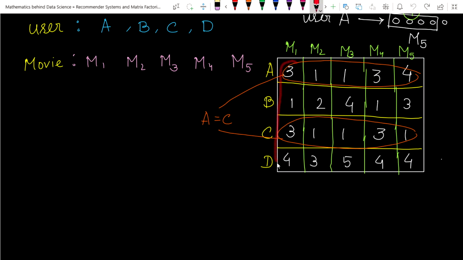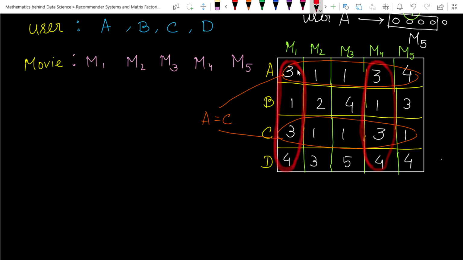Let these movies be the first movie and the fourth movie. The rating of movie 1 and movie 4 is equal.